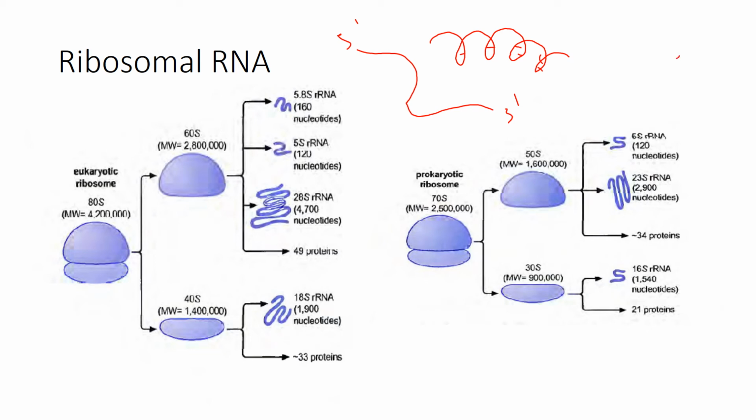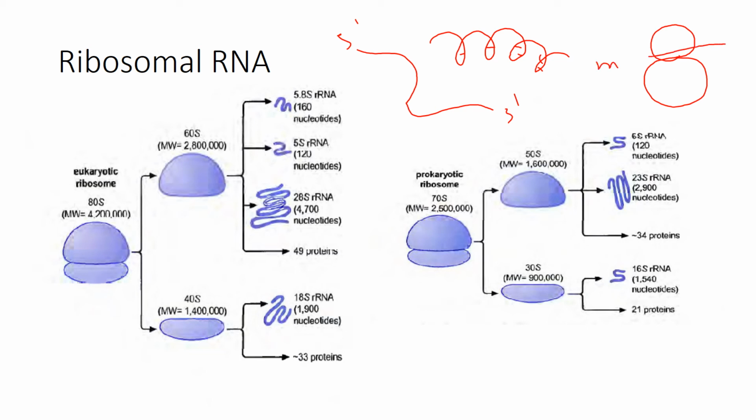So what is the function of ribosomal RNA? The function of ribosomal RNA can be described as that of the ribosome in the process. The smaller subunit helps the messenger RNA.